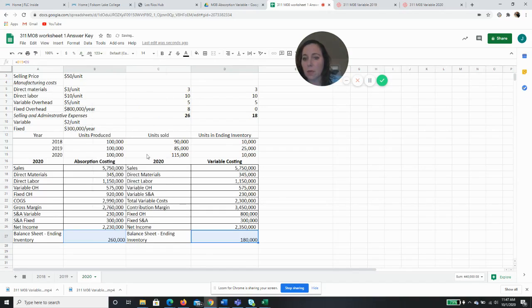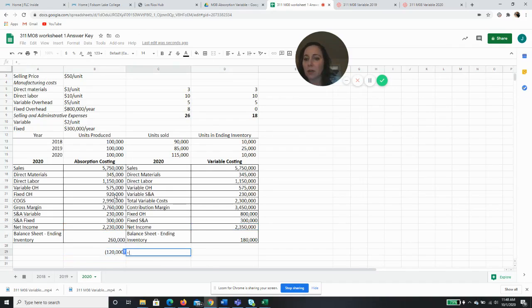And if we want to reconcile between our two net incomes, our net income under absorption was $2,230,000 minus our net income under variable, which was $2,350,000. So it's actually higher under variable by $120,000.